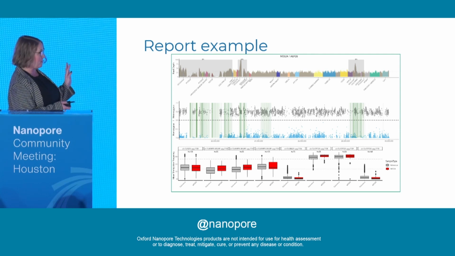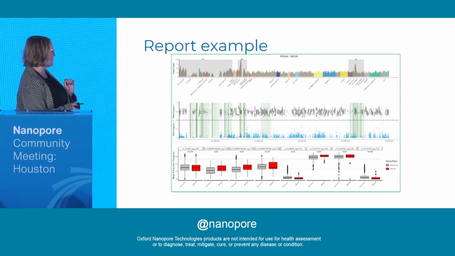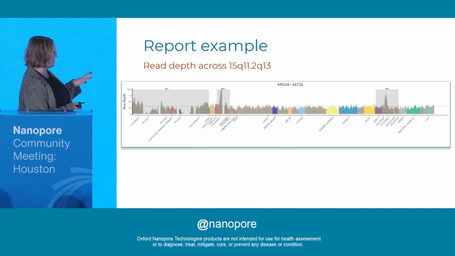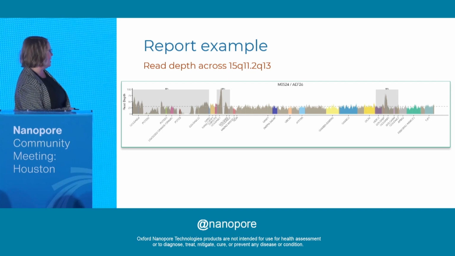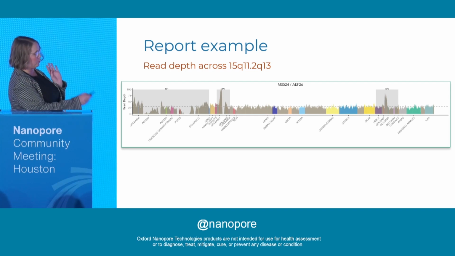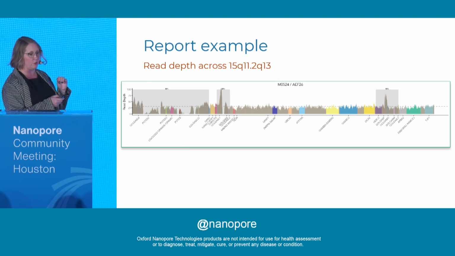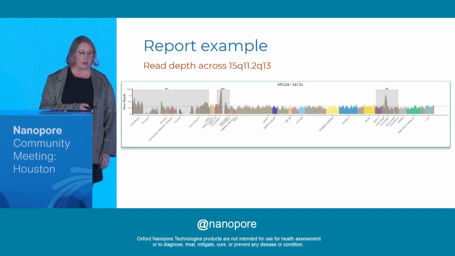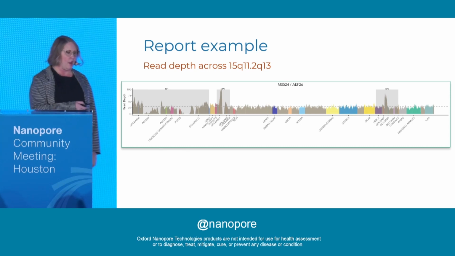So again, very colorful. Thank you, Miranda. I want to walk you through each section of these reports. This is, again, this region of chromosome 15. The gray boxes highlight regions of segmental duplication, which correspond to the recurrent breakpoints that are part of the deletions in Angelman and Prader-Willi syndrome.